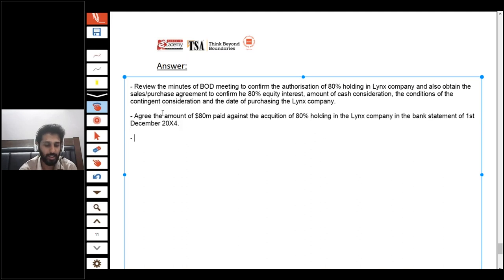Now this is the case connection. Now for the 271 million, which is the contingent consideration, I will have to discuss with the management.